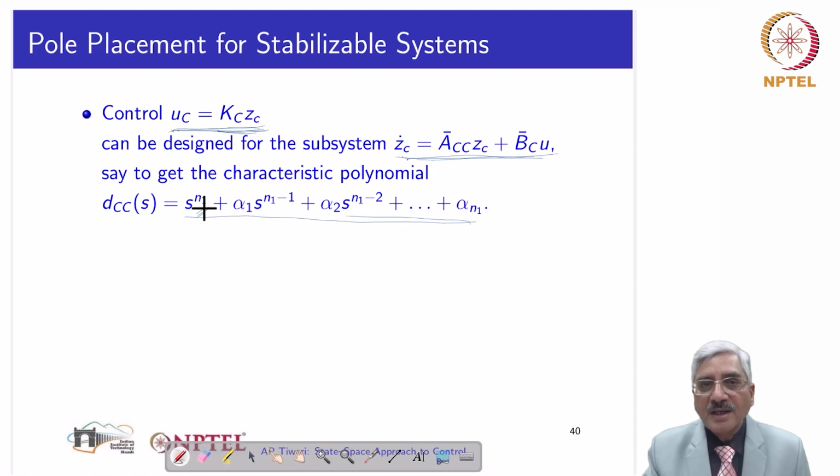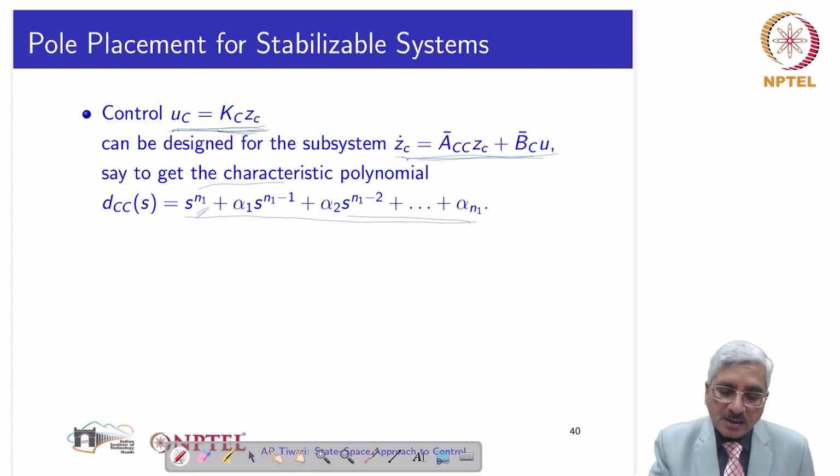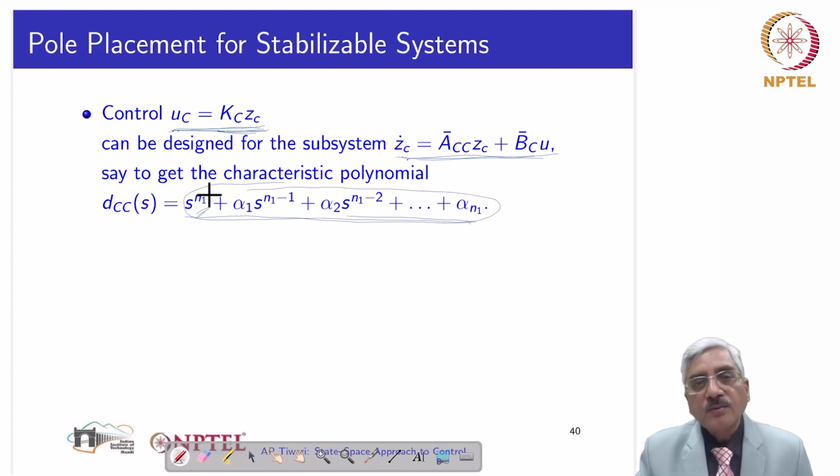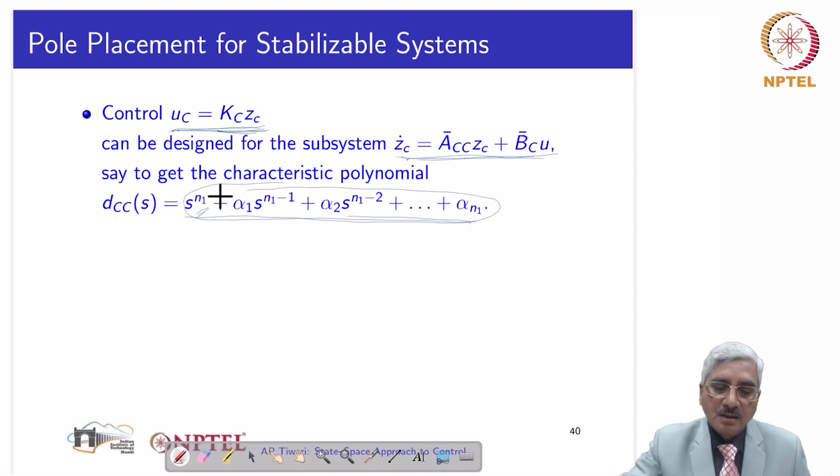It is not of order n. n is the system order, n1 is the order of the controllable part of the system, or controllable subsystem, or the controllability index. So we can design the controller to get a characteristic polynomial only for the controllable subsystem, and it is a lower order polynomial than n. Its order is only n1.